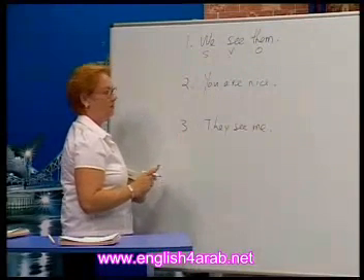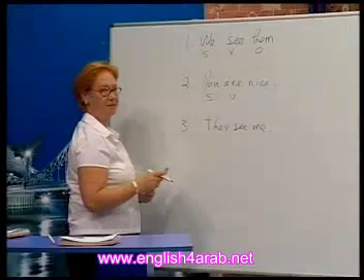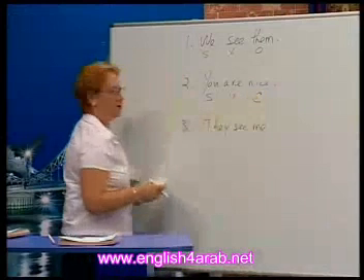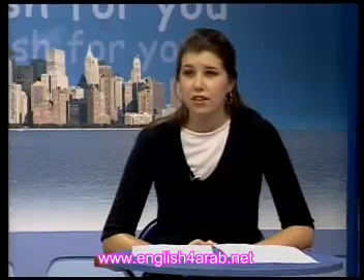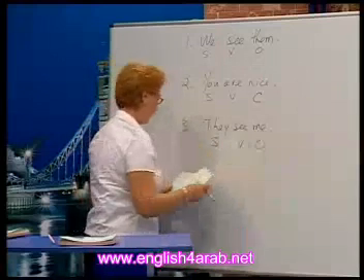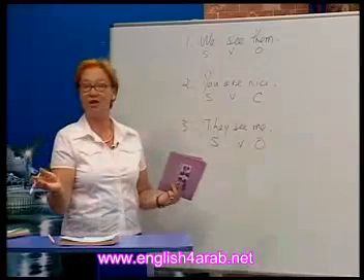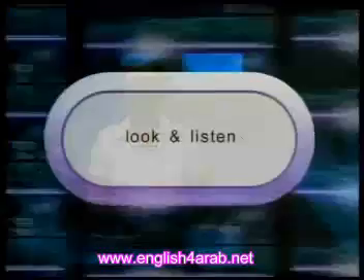Now, Ali. You is the subject. Are is the verb. Nice is the object. No, the complement. Yes, good. Okay. All right, Isabel. They is the subject. See is the verb. And me is the object. Yes, very good. Okay, now, do you understand sentence structure? Yes, we do. Okay, very good.